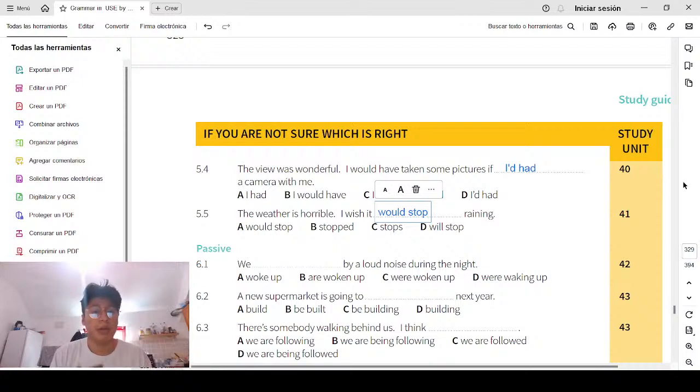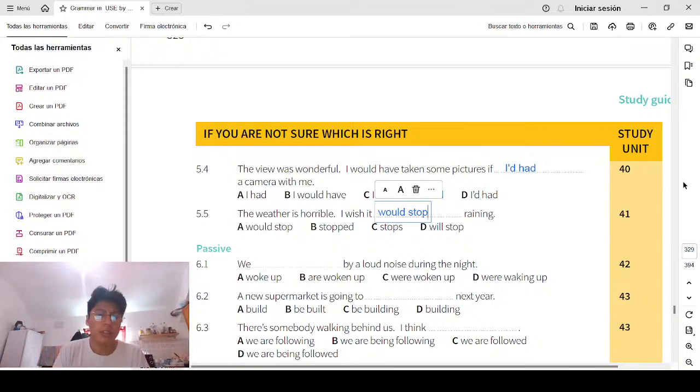For example, the weather is horrible. It's something that is maybe annoying for me, something I don't like and I would like to change. I wish it would stop raining. It's my wish. When you're talking about changing something, you have to use would, because you are talking about an imaginary situation as well.